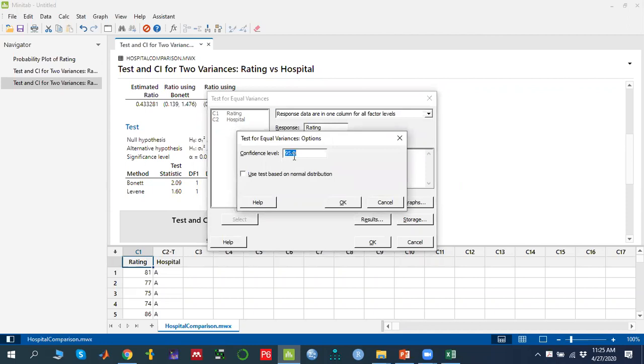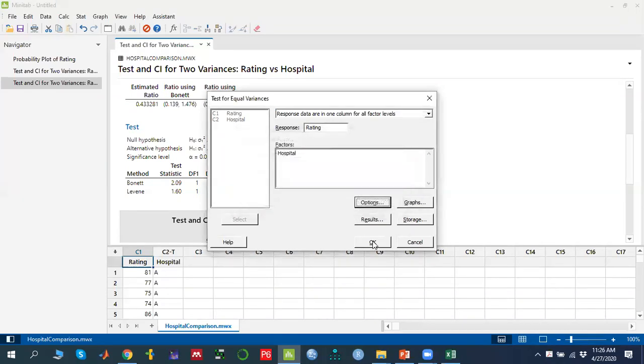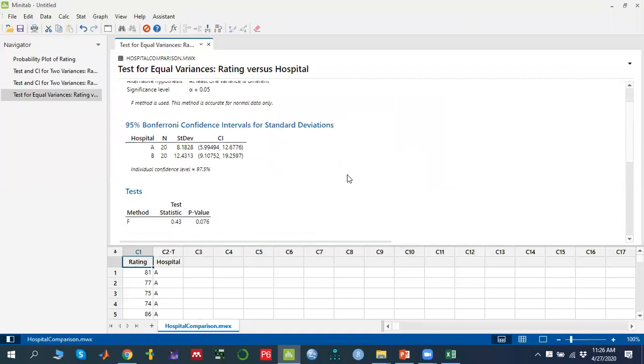Confidence interval is 95, that means alpha is 5%. Again, they are asking whether it is normally distributed or non-normal. If the data was non-normal, we would uncheck, but right now this is normally distributed, so we will check this one, press OK, and then press OK.